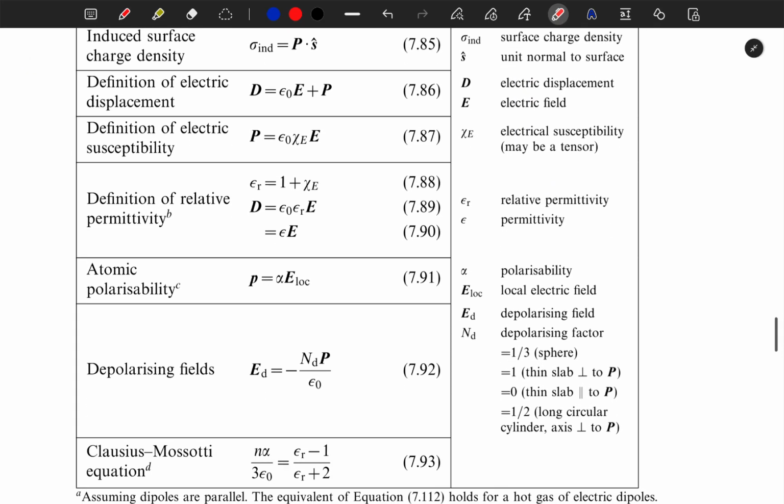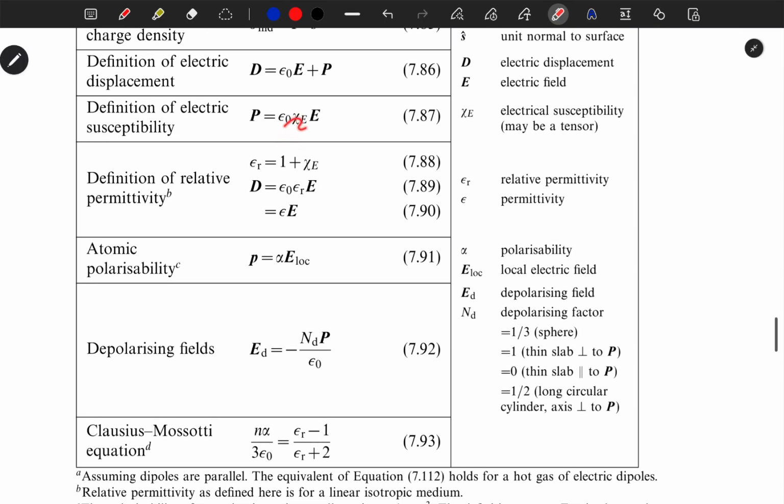Now the definition of electric displacement: D equals epsilon 0 E plus P. Definition of electric susceptibility: P equals epsilon 0 chi E times E, where chi E is the electric susceptibility.